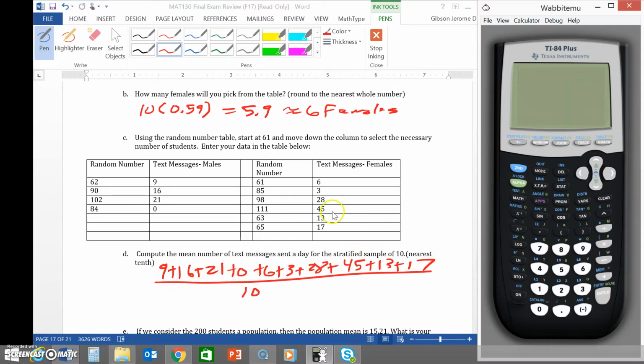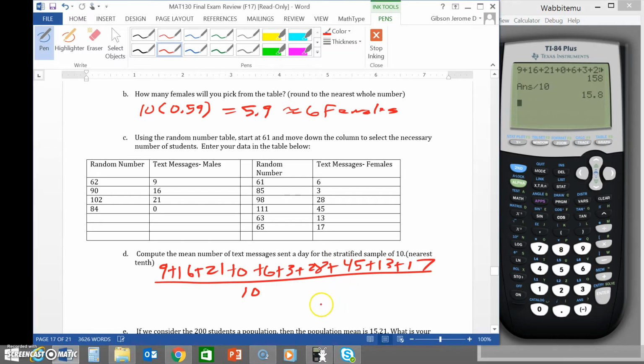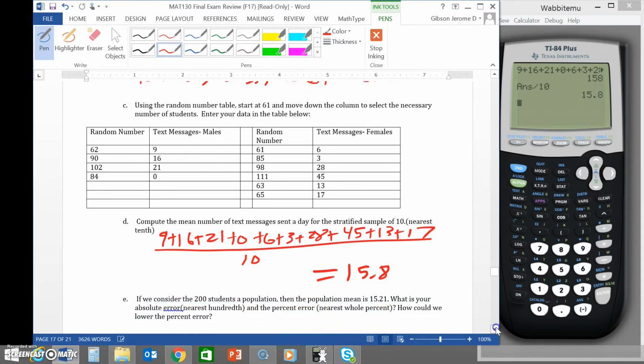So we have all of the values that we would enter into the calculator: 9 plus 16 plus 21 plus 0 plus 6 plus 3 plus 28 plus 45 plus 13 plus 17. We will get that answer, which is 158, divided by 10, and that will give us exactly 15.8. So that would be our answer here.